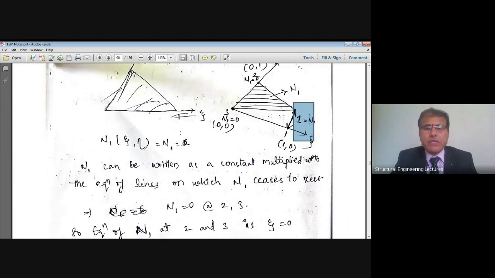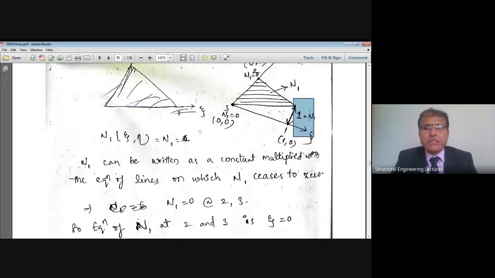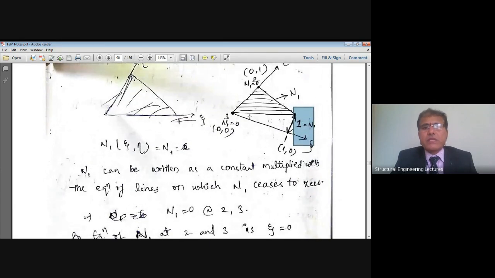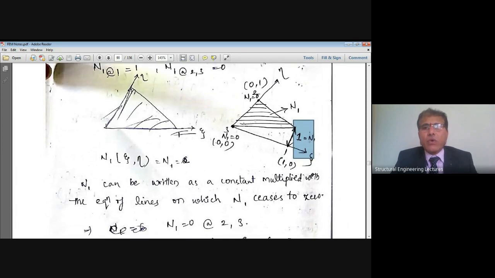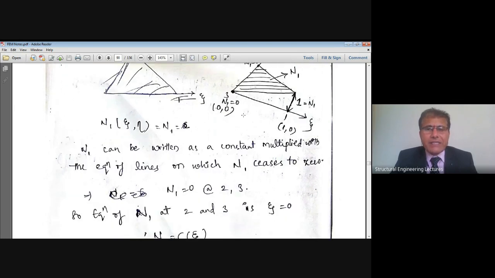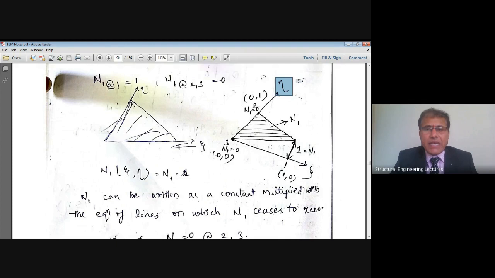This n1 will become 0 only along this line connecting 2 and 3, means along the eta axis, right? Along the eta axis, we can say that xi is always 0. The equation of this eta axis is xi equal to 0.